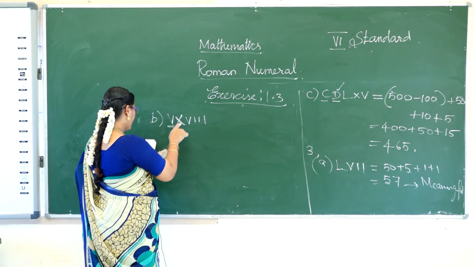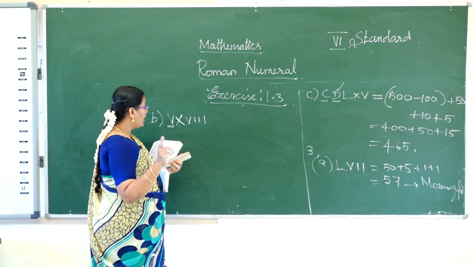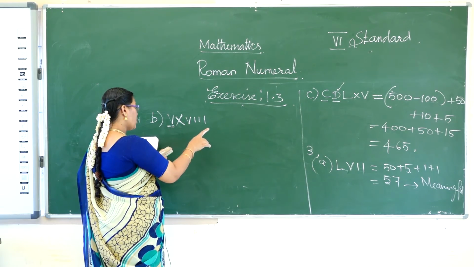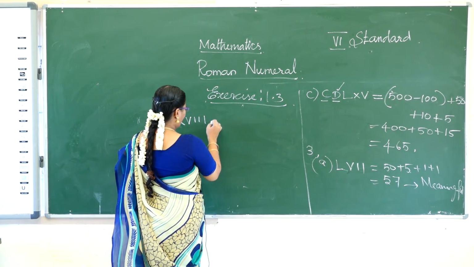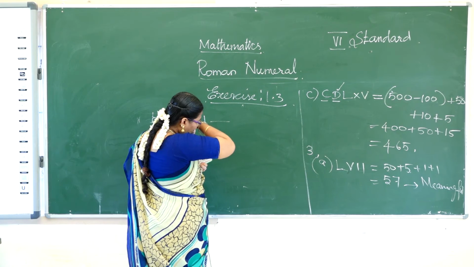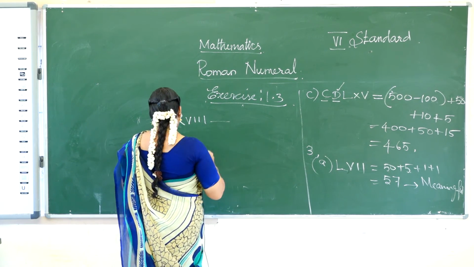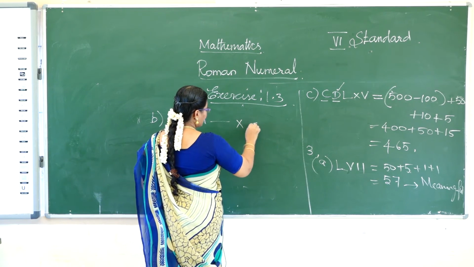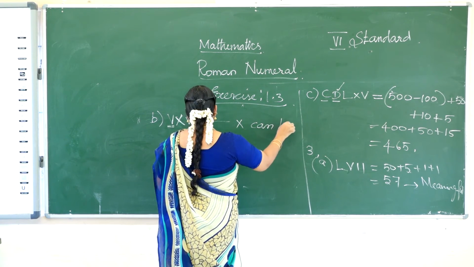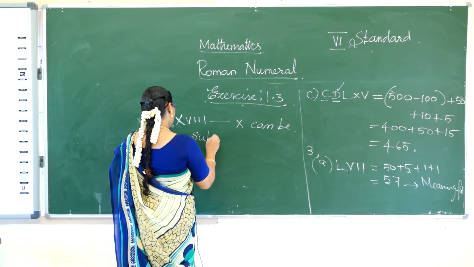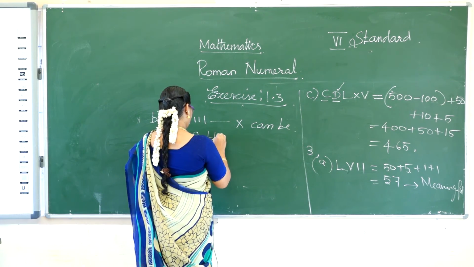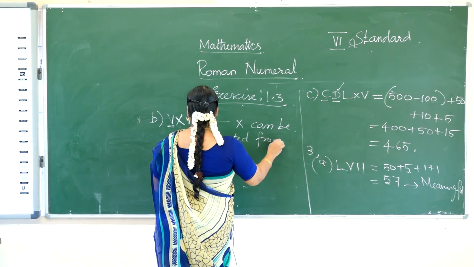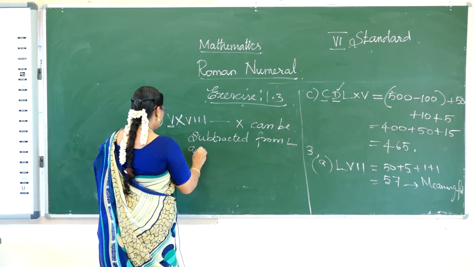X can be subtracted from only L and C. Here V is given, so it's not possible. So write the reason here, and it's meaningless. Write in this place rule number 2: X can be subtracted from L and C only.